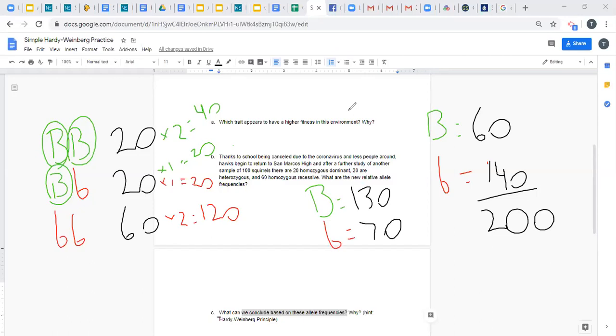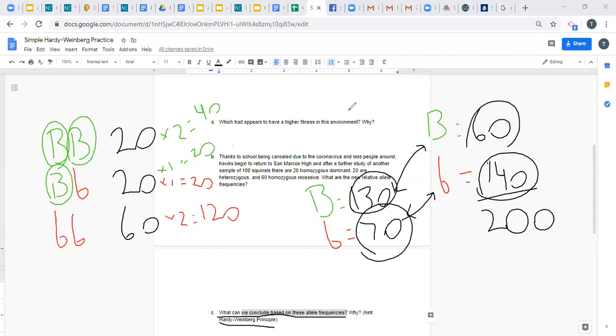So this question down here says, what can we conclude based on these allele frequencies? What you do is compare each of these two. How do they compare? If you take a second to do that, you'll notice that little b increased and big B decreased.